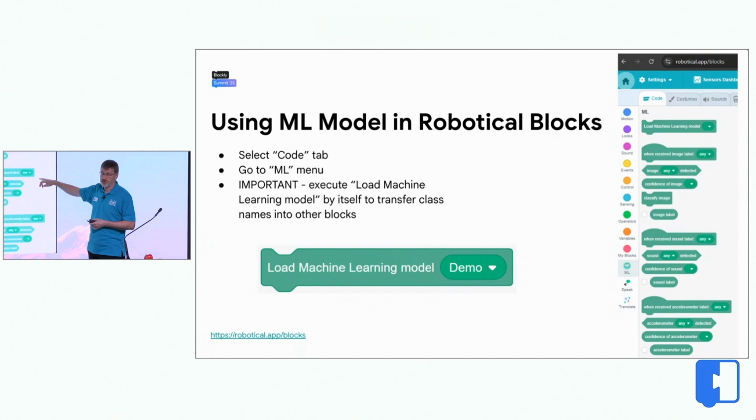But any of the drop downs that are inherently in the blocks, the only way we could figure out how to do that was to actually execute the load command first, and then that brings in the class names. So maybe not a real life example, but something that's fairly easy to live with.